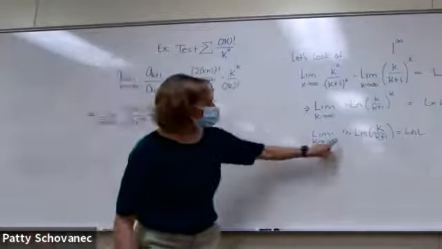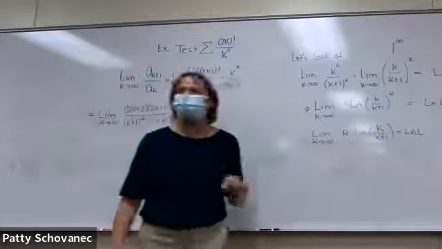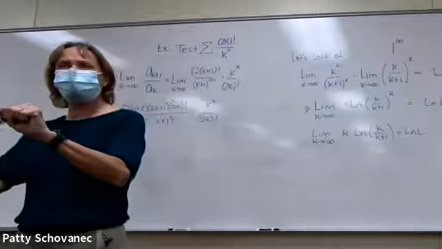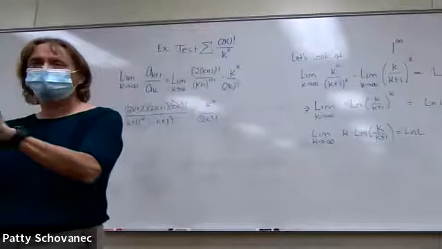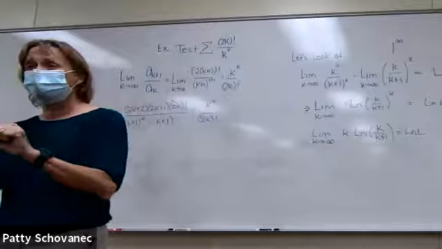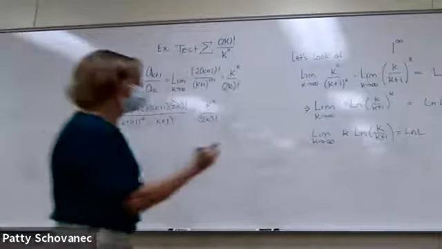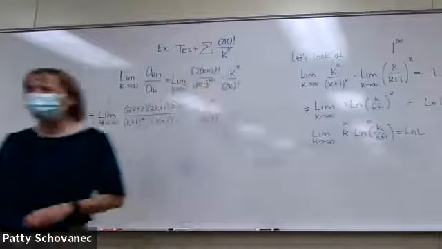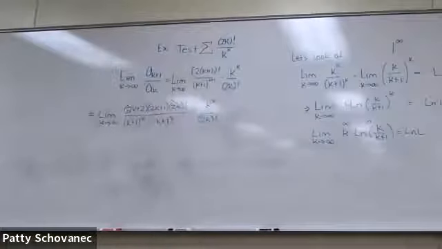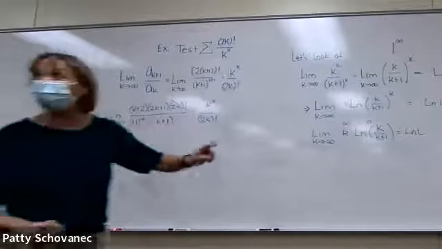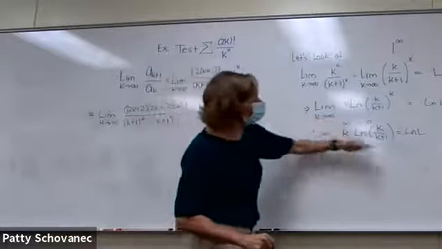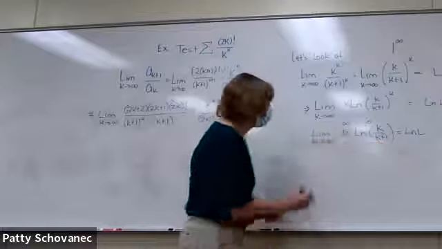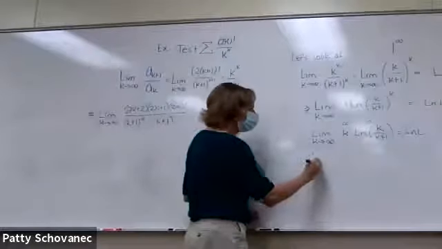But now it has the form of infinity times the natural log of 1, which is infinity times 0. So what's next? Divide by the reciprocal. Dividing by 1 over k is equivalent to multiplying by k. Then we can use L'Hopital's rule.